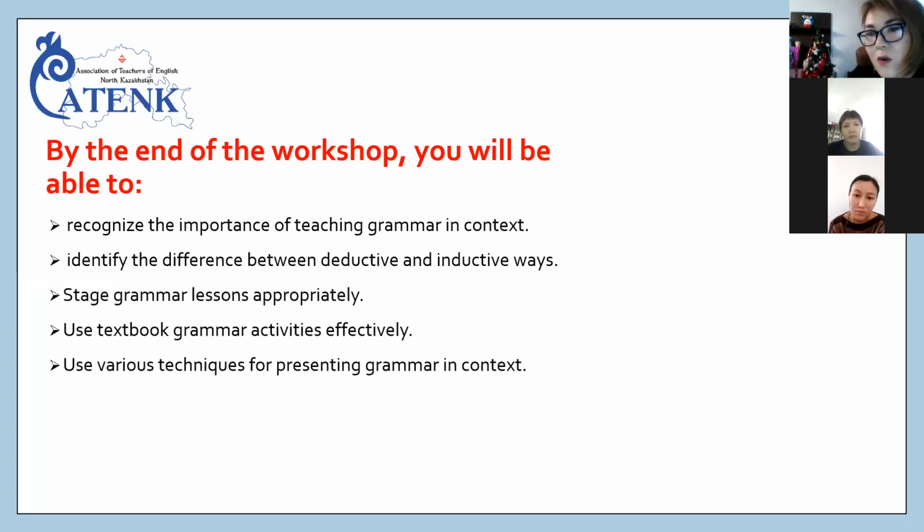So you will often hear the word context here. Try to understand the meaning of this word. If you haven't heard this word before, try to really understand the importance of context. It's not only about teaching grammar. Contextualized language learning matters whether it's grammar, listening, reading, or any other skill. Contextualized language teaching is the most important.